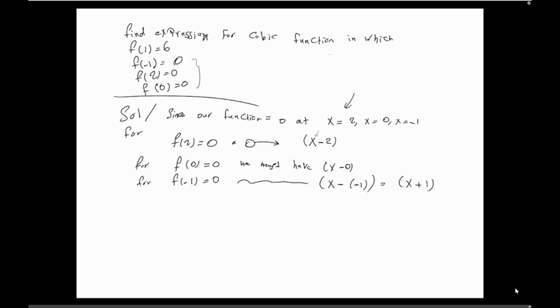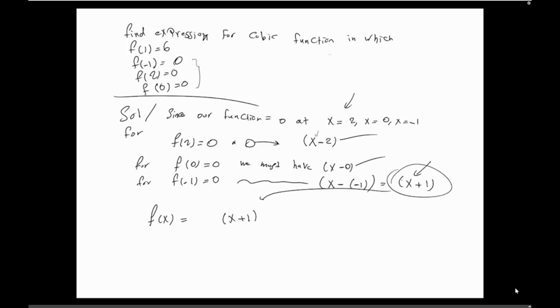So right now we know that in our function we must have x minus 2, and we also need to have x minus 0 and x plus 1. So let's write an example for our function. Right now we have our function f of x equivalent to x plus 1, which is this one.